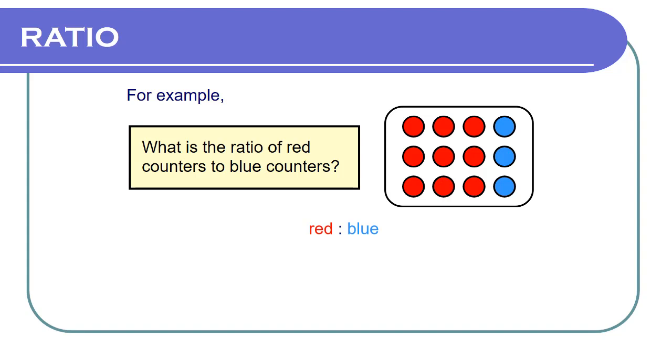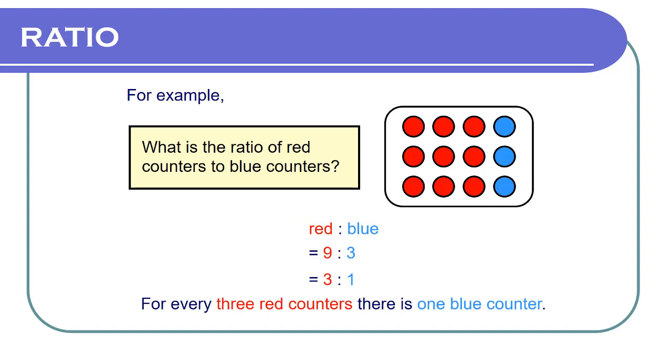Then the last is blue. So here there are 9 red counters and 3 blue counters, so the ratio is 9 to 3. The GCF of 9 and 3 is 3, so we divide both numbers by 3. So we get the ratio 3 to 1.